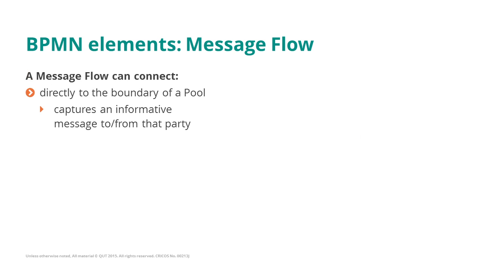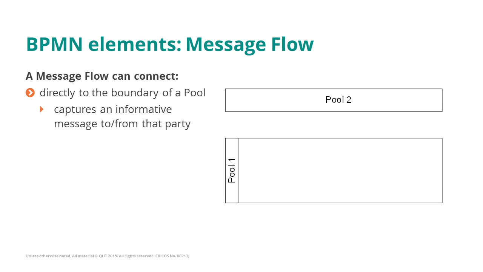And there are two ways of exchanging messages. One is with a message flow that starts, say, from an activity in one pool, but then ends up on the border of the other pool, or that is emanated from the border of a pool and goes into a specific receive activity in the other pool.